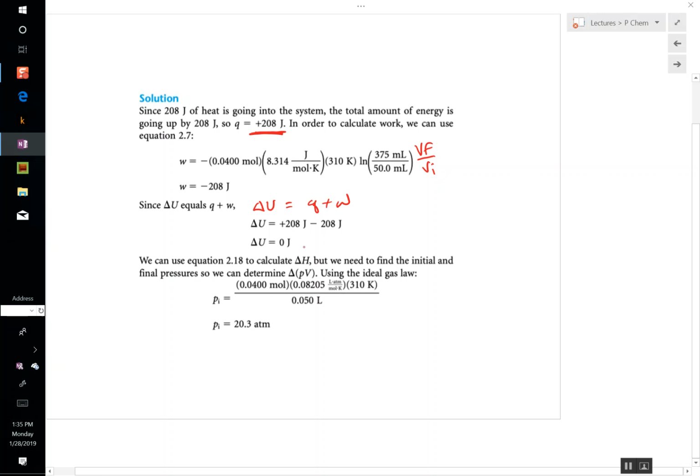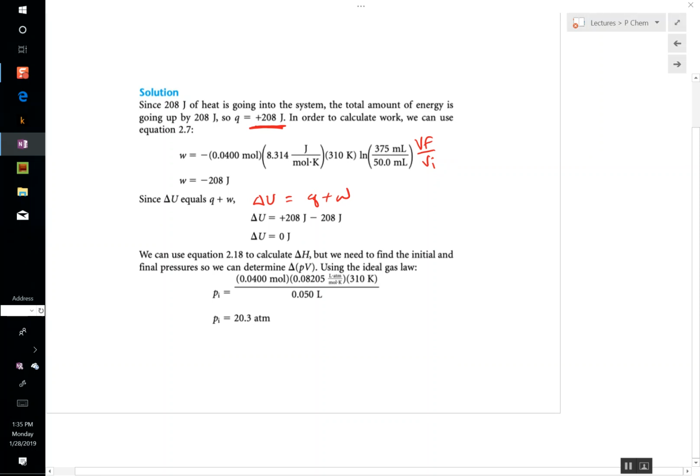Okay, now from there, using Boyle's law to get your initial pressure and your final pressure. See what this looks like. It's going from an initial volume of 50 milliliters up to 375 milliliters.